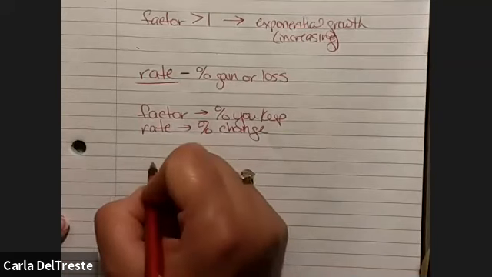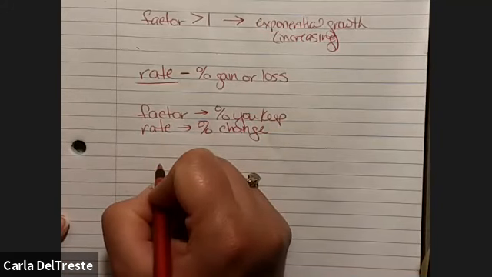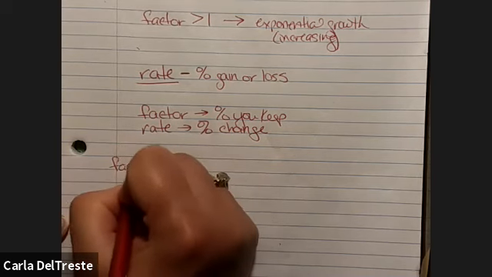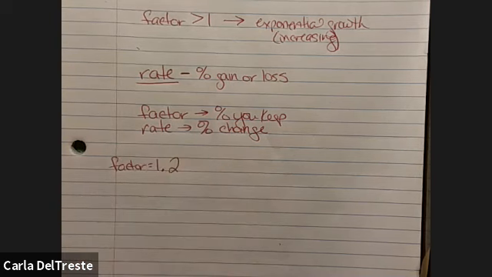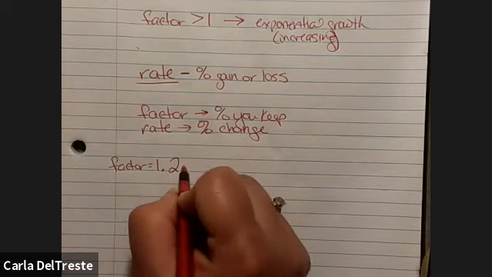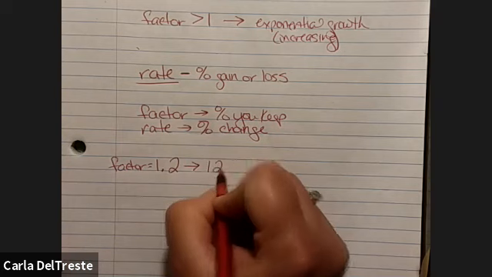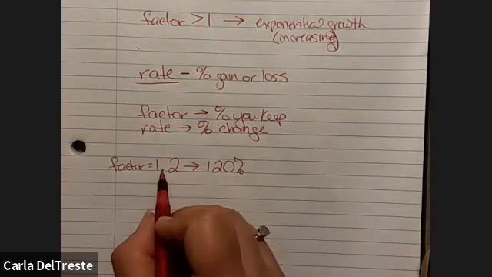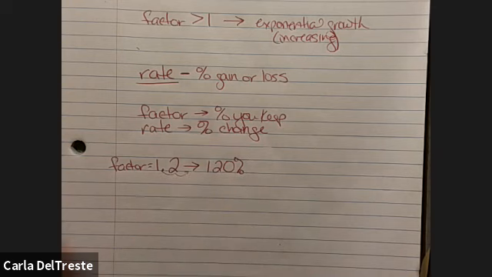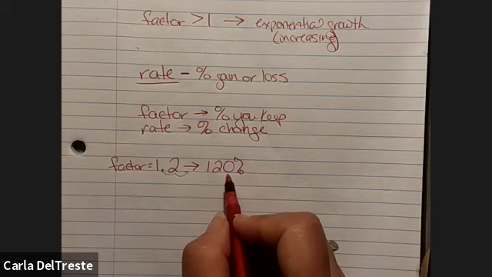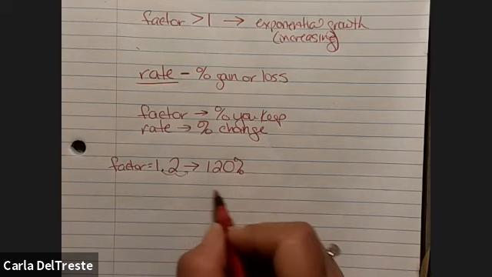So let's do a quick example. Let's use 1.2. Let's say we have a factor of 1.2. This would mean that we have exponential growth. If I converted this to a percent, I'm talking about 120%. The way you do that is you move the decimal over 2 spots. 120% is more than 100%.